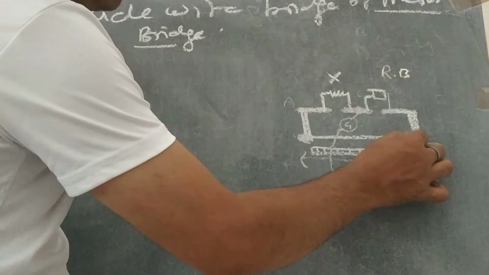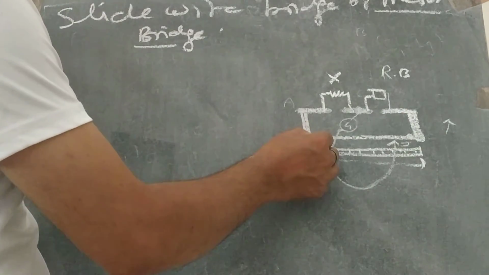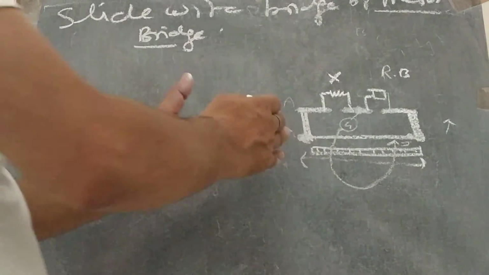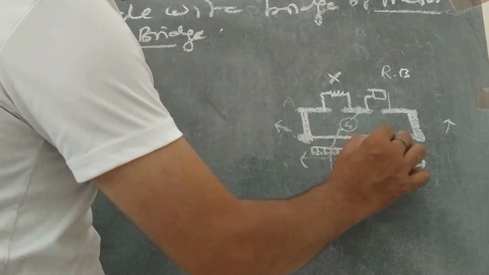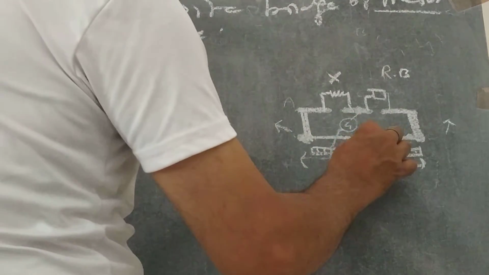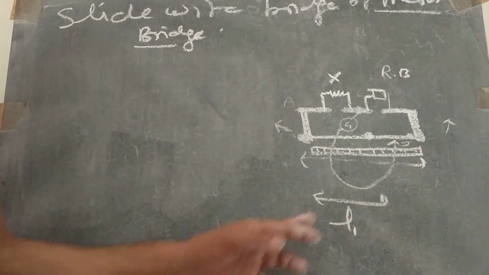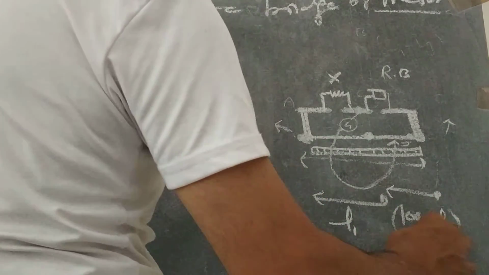If we place the jockey here, if deflection is right, then after putting the jockey here, deflection must be left. It means there is a null point in between these two. Null point is obtained by sliding the jockey slightly over the wire. If null point is obtained at length L1, then we are left with the length 100 minus L1.